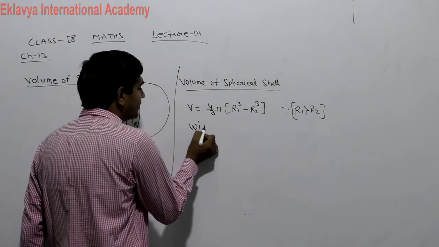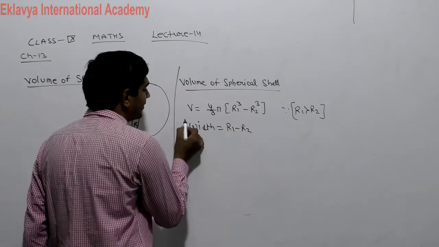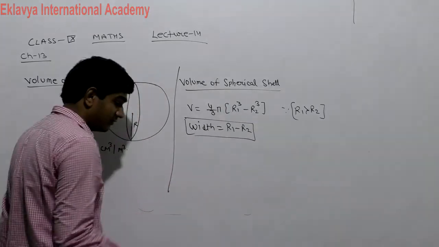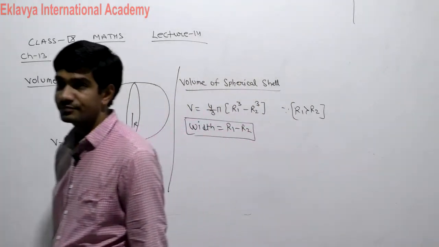And how will we calculate the width? External radius minus the internal radius will give us the width of the spherical shell.